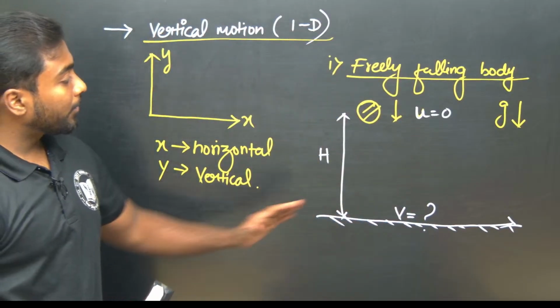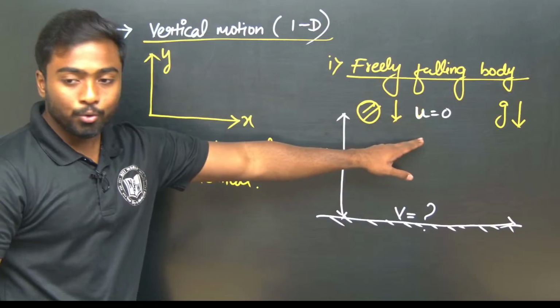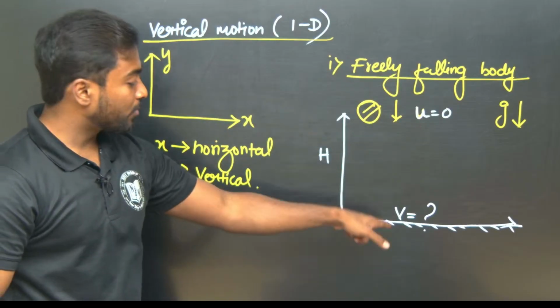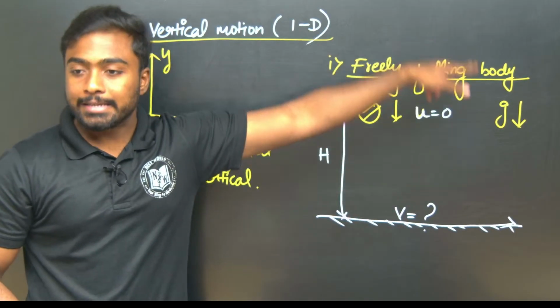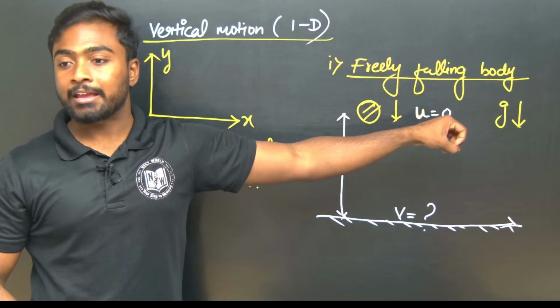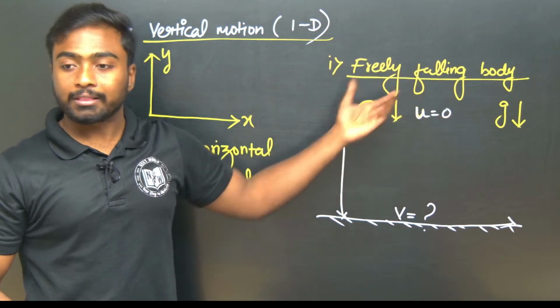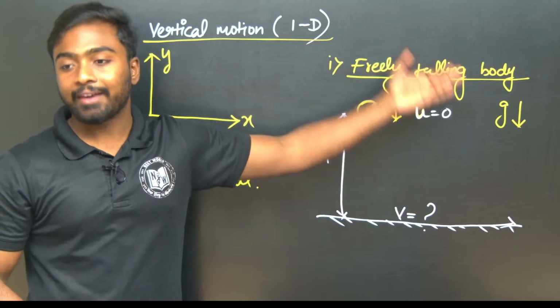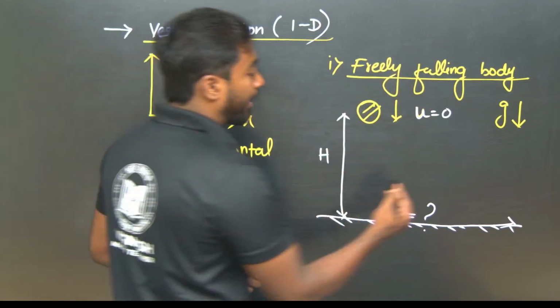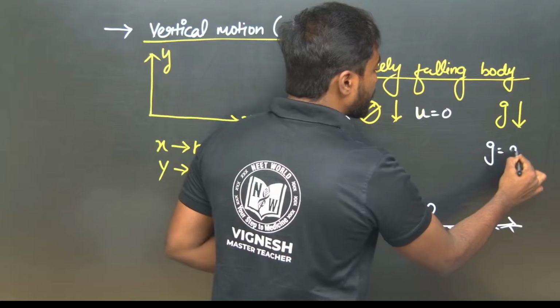So what are the terms here? We have u, h, v and g. g is nothing but the acceleration of the ball, that is gravity. So what is the value of gravity? g equals 9.8 meter per second square.